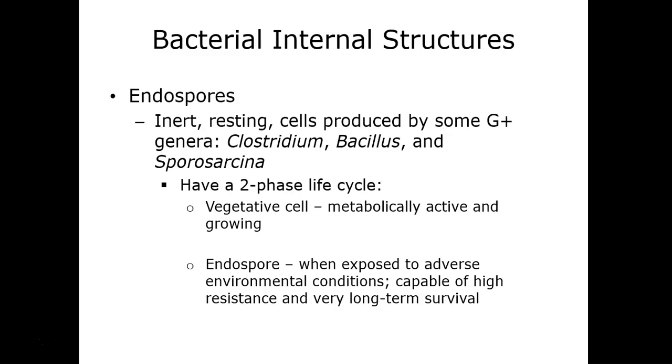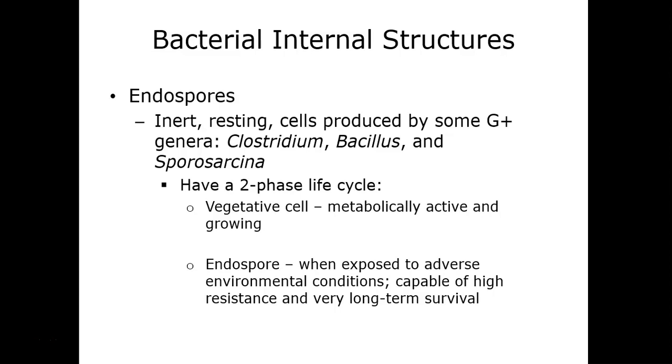When the cell is active and it's growing and it's in its rod-shaped appearance, we call this the vegetative cell. This is the happy cell. It's moving around, it's taking in nutrients, it's reproducing, it's metabolically active, it's growing. However, let's say all of a sudden I expose those cells to a source of UV light.